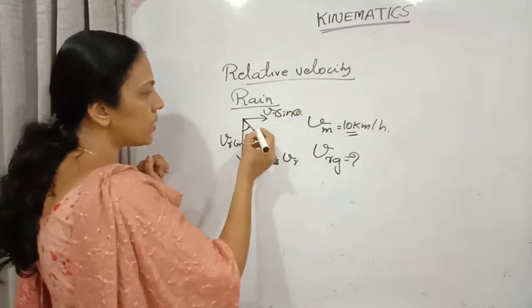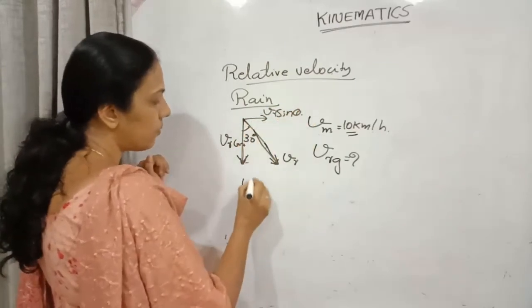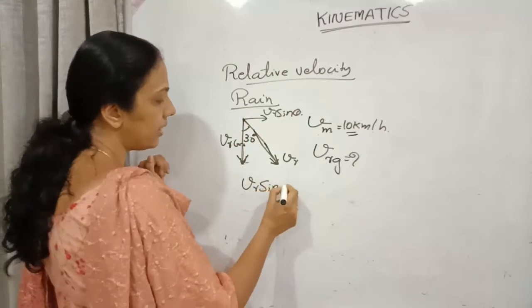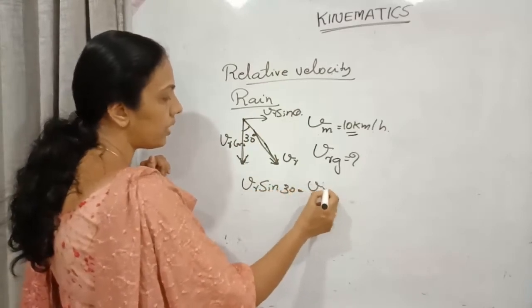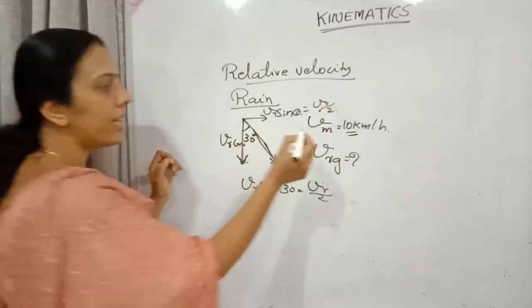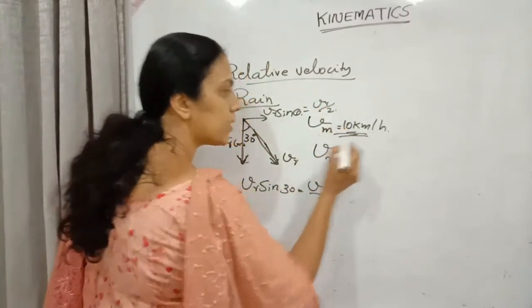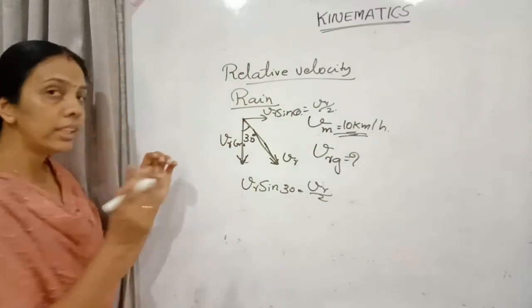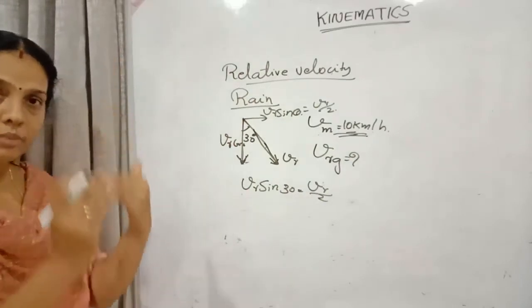Right? So this VR sin theta, that is VR sin 30, that is equal to VR by 2. This will be VR by 2. Now, when he started moving with a velocity of 10 km per hour, he felt that it is falling vertically.